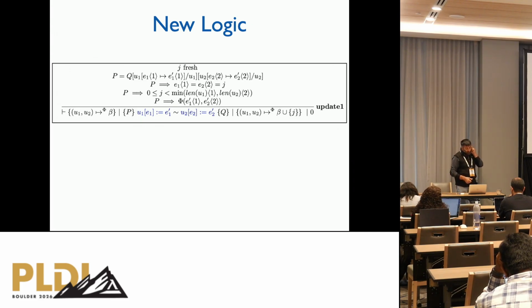Now, what this rule does is try to use the abstraction, and you see it in the conclusion, it uses this beta. This represents our abstraction. And so we are doing an update where we check if the property we want holds between the two things we are updating our array with.